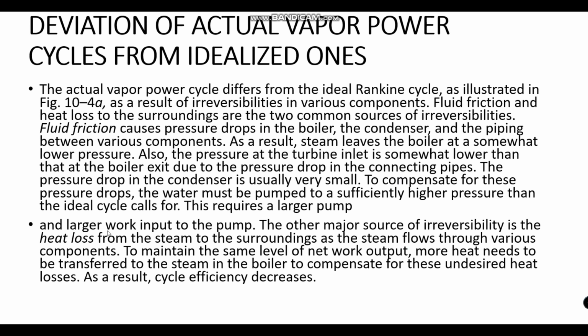This requires a larger pump. The water must be pumped to a sufficiently higher pressure than the ideal cycle calls for. Well, when we pump the water in real cycles, for example, if the pressure of the boiler is 20 megapascals, we are pumping the water to approximately 25-27 megapascals.